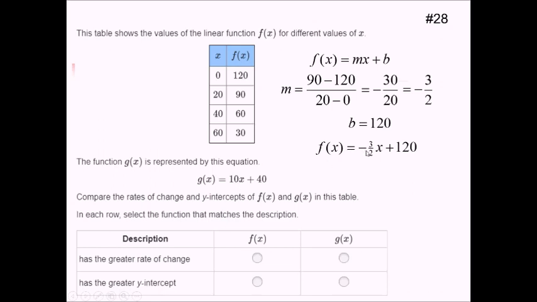F of x is negative 3/2. And negative 3/2 is less than 10. 10's bigger, so g of x has the greater rate of change. Now comparing the y-intercepts, we've got f of x, which is 120, g of x, which is 40. 120 is greater than 40, so we can say that f of x has the greater y-intercept.